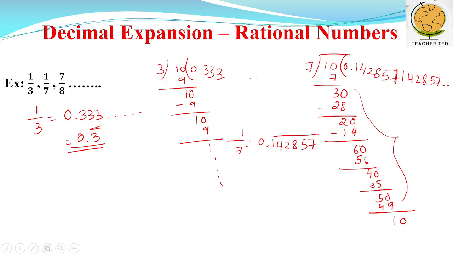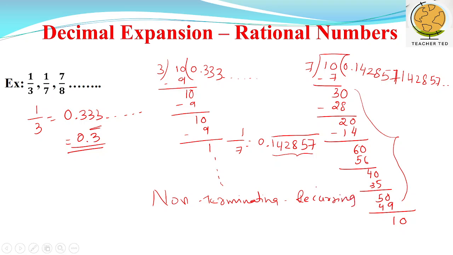These digits are repeating. After 142857, again 142857 will come. For that reason I have put a bar here. This kind of expansion is called non-terminating because the remainder does not become 0, and the answer you get here is repeating or recurring.